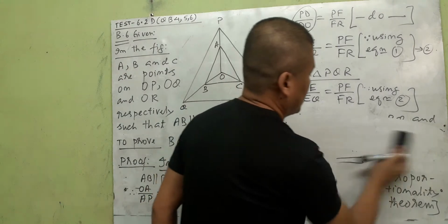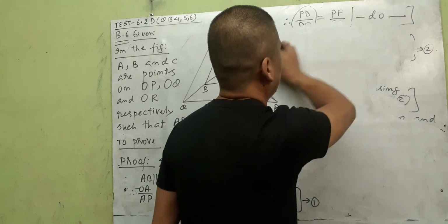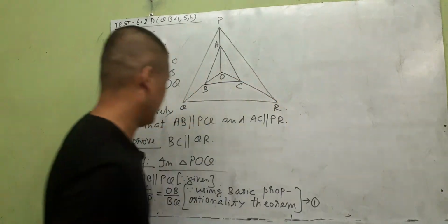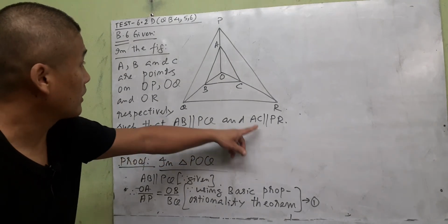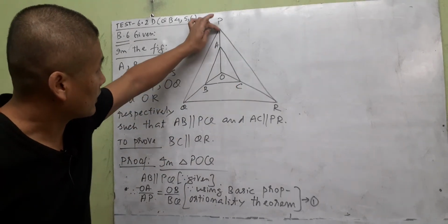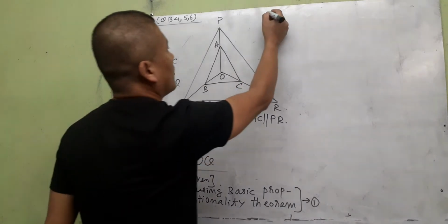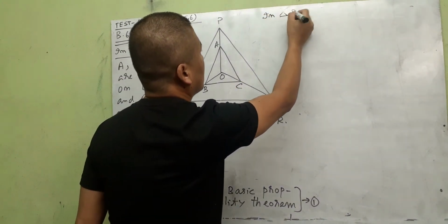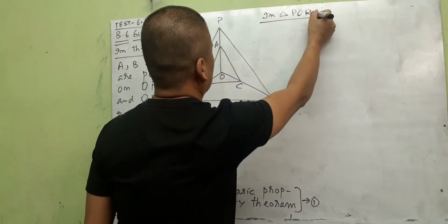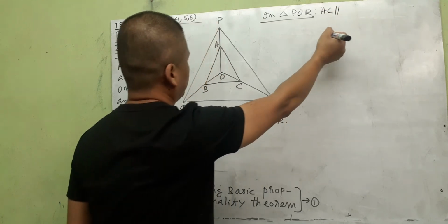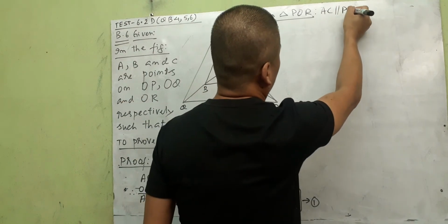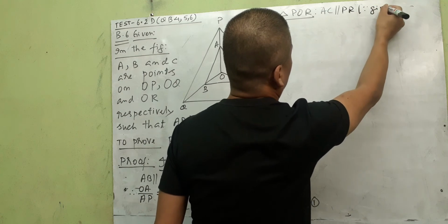We can do a similar thing with the next triangle, in which the other line is parallel. AC parallel to PR means we have to take this triangle POR. So in triangle POR, AC is parallel to PR as it is given in the question.